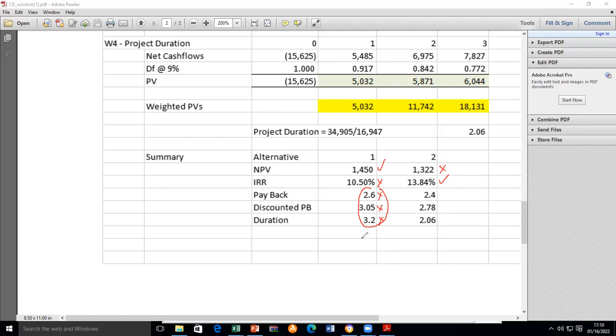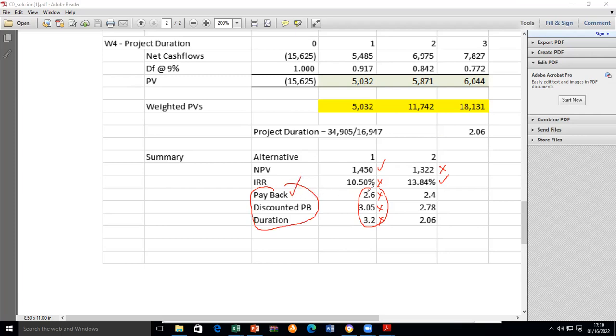So which project are you going to go for between these 2? Which one do we go for? Payback is a measure of risk. That's another aspect that you need to remember. Payback is a measure of risk in investments.